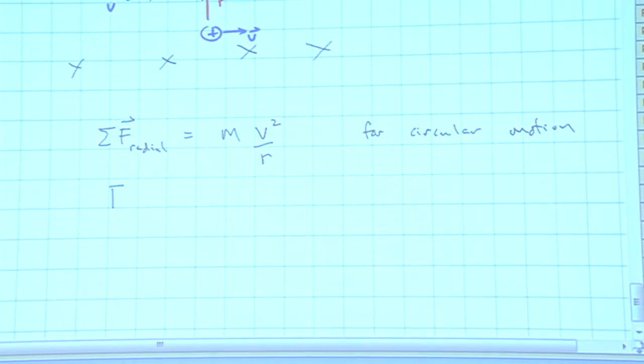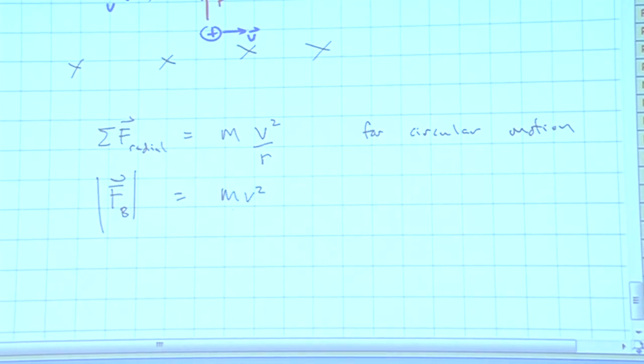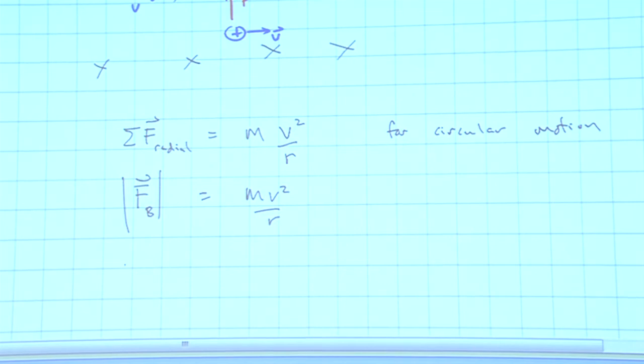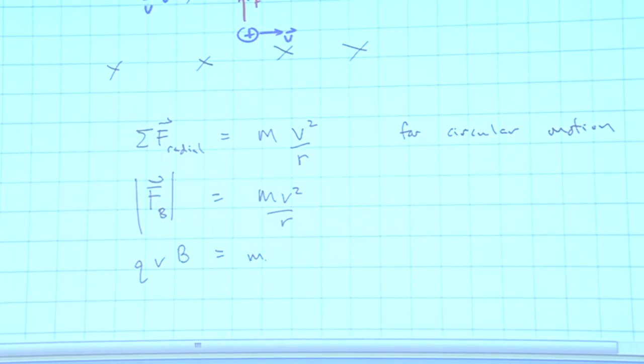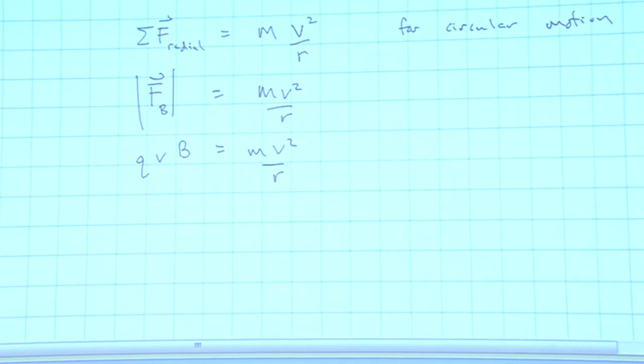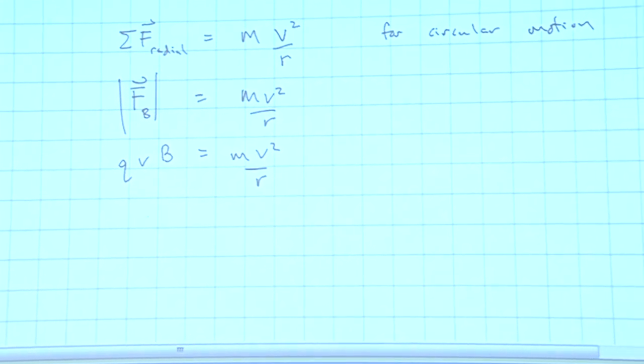It's just the magnetic force. And the magnetic force is qvB. So what do we get? qB, I guess we really were looking for the radius maybe.